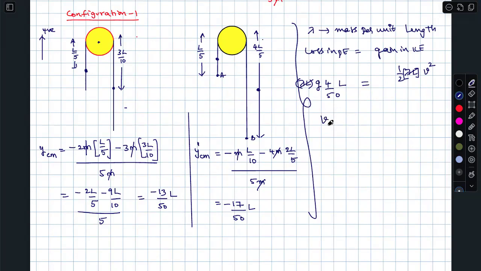So finally, no, this is the velocity of the rope, not the velocity of center of mass. The velocity of the rope is under root g times 4 by 25 L, so this can be written as 2 by 5 times root GL. Any doubts?